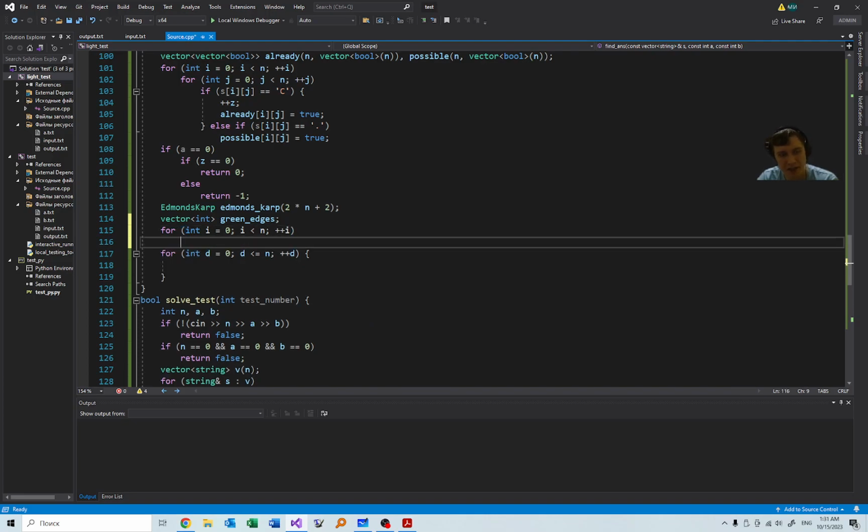First of all, we add green edges, which are initially zeros. So we say green edges dot push back Edmonds-Karp dot add edge of from 2 plus i to 2 plus n plus i of capacity 0.